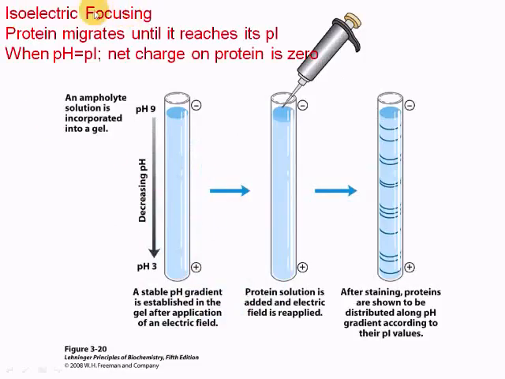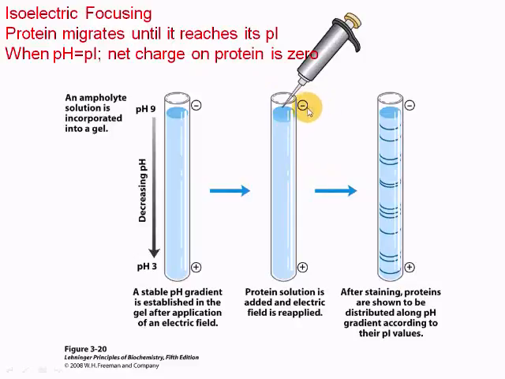Okay, isoelectric focusing. This is used to find the pI. And so you have the protein, and it's going to migrate until it reaches its pI. And remember, when the pH equals the pI, that means you have a net charge of 0 on your protein.